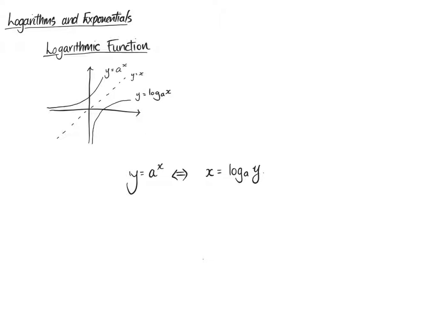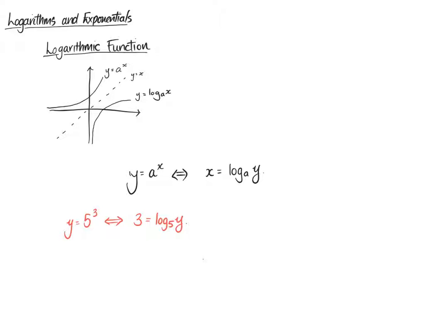Okay, so examples. If we have y equals 5 to the 3, of course we know we can work that out as 5 times 5 times 5, but that's not what we're doing. We're changing it into a logarithm. And when we do that, we get that 3 is equal to log to the base 5 of y.